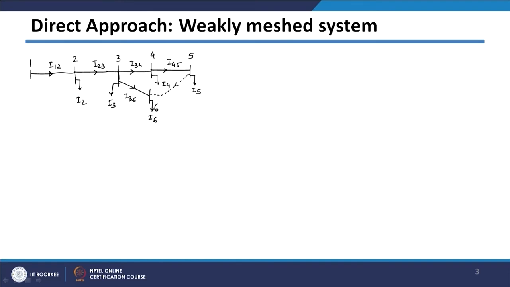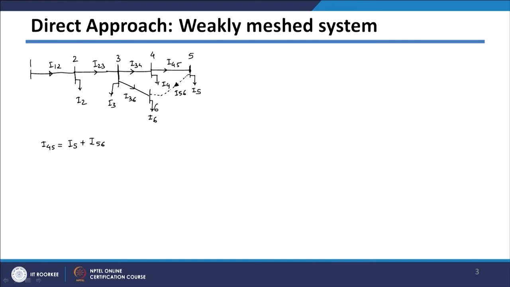In this particular branch there will be a current I56 flowing in the direction shown. Now, if you write the KCL equations, applying KCL at node number 5, I can write I45 will be equal to the load current I5 plus I56.